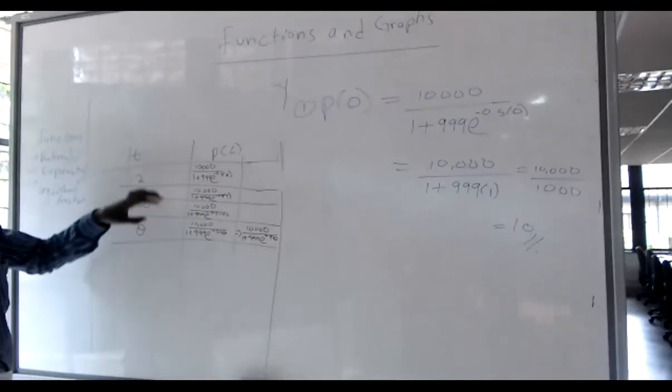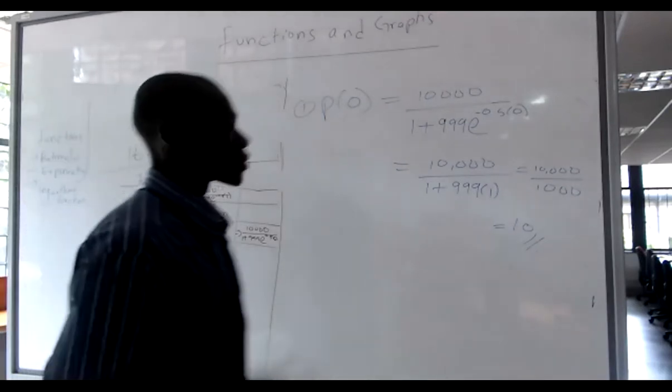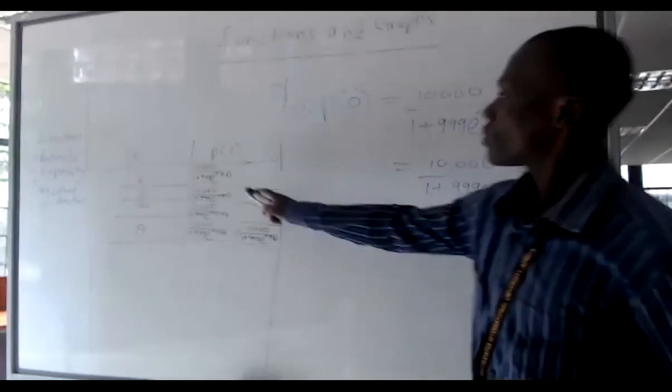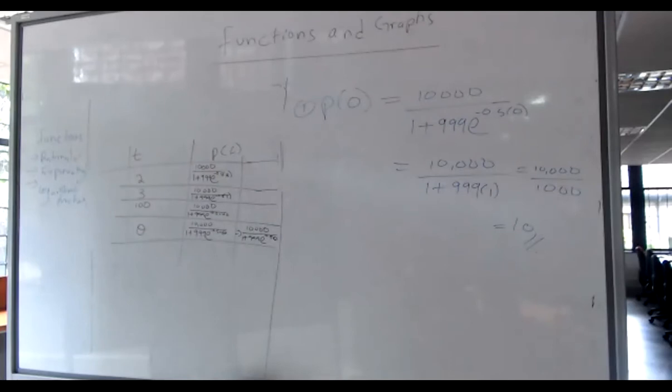What do you get when you use the calculator for the number of people infected after 2 days? Someone work out this. About 27. What do you get exactly? 27.21.